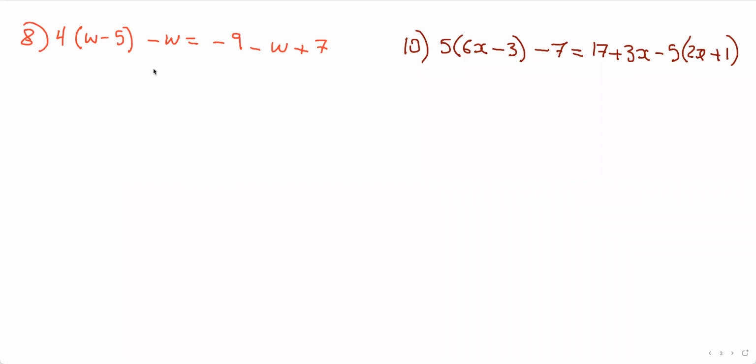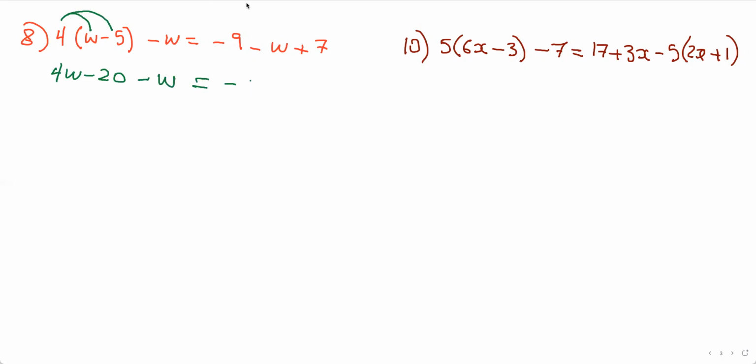So with this algebra, the first thing we have to do is distribute the 4 here and there. So I'm going to end up with 4w minus 20. With the distributive property, you multiply into the w and you multiply into the 5. And I still have that minus w right there, equals -9.